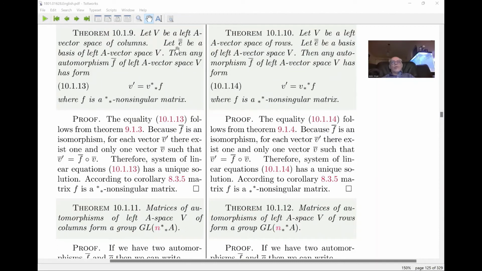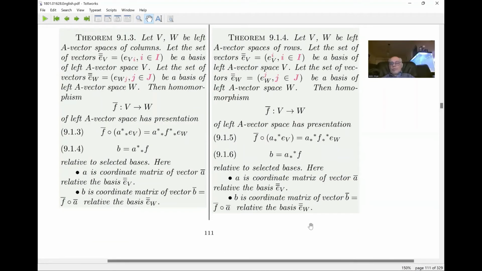Let V be a left A vector space of columns. Let E be a basis of the left A vector space V. Then any automorphism F of the left A vector space V has form 1.13, where F is a CR non-singular matrix. Equality 1.13 follows from equality 1.4.